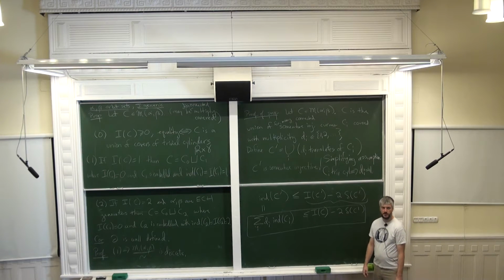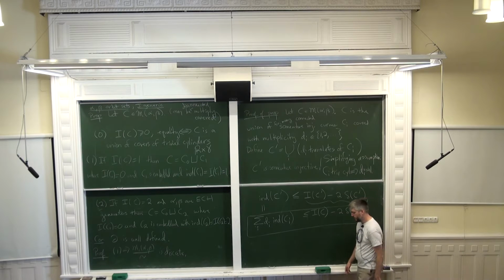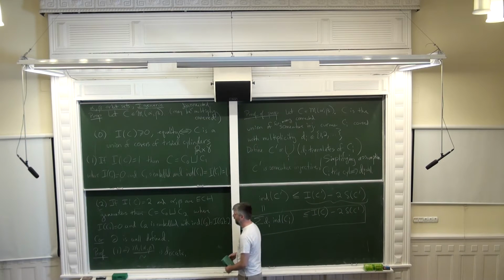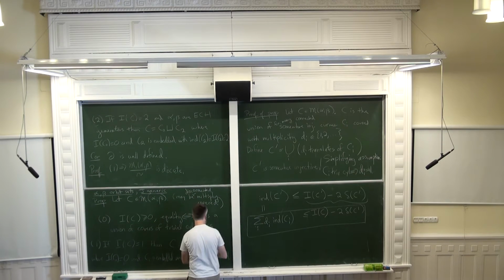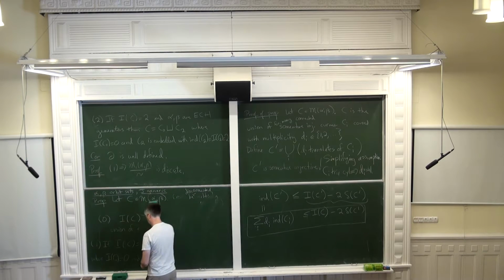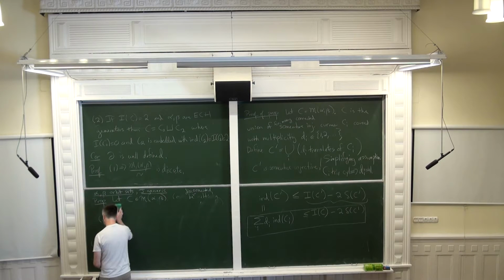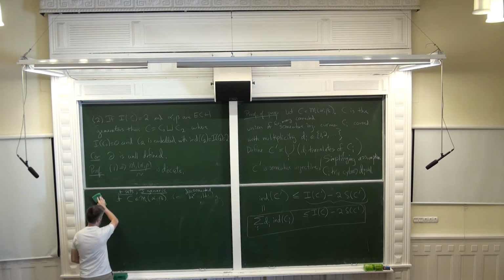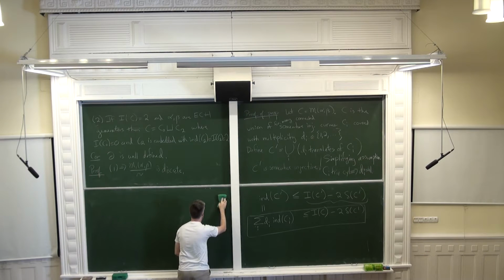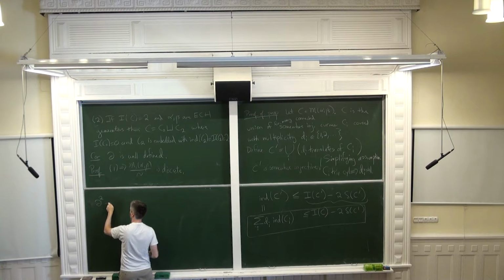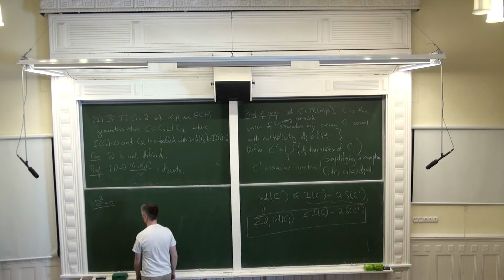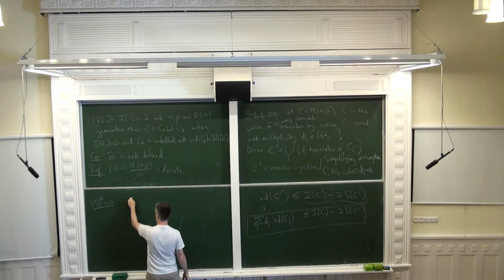The proof that d squared equals 0 is much more difficult, and the source of the difficulty is this. When you prove that d squared equals 0, you look at a family of index 2 curves.